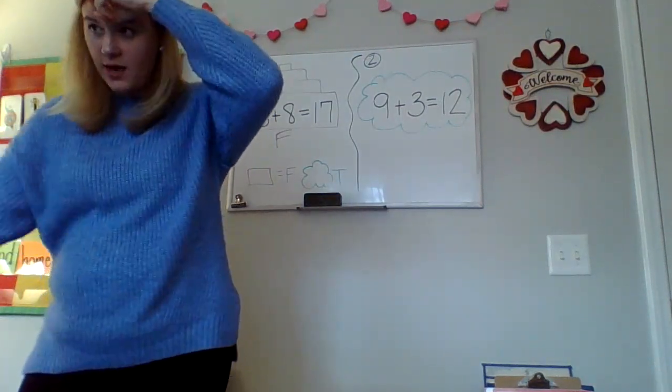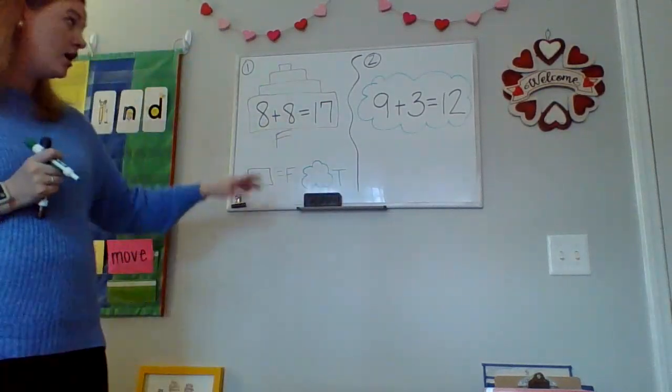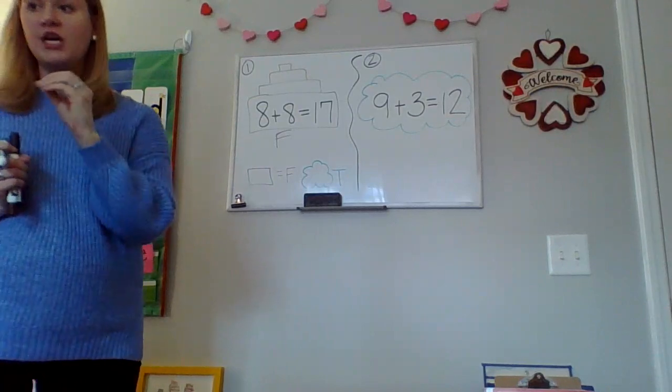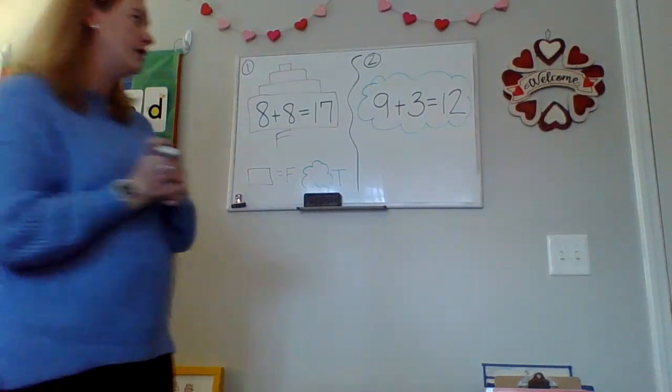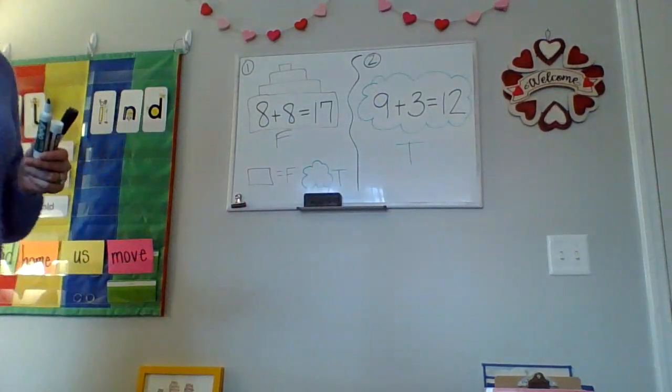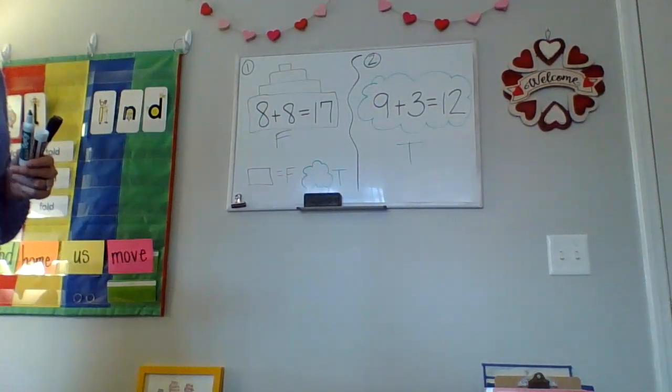And then she'd write the number down. So she was even writing what would be true for this equation. I liked that. Good job, Riley. Right, so this is true. Fantastic job. All right, let's do some more.